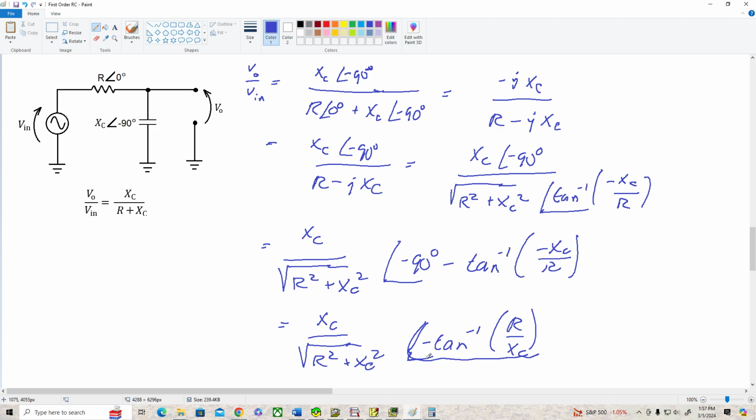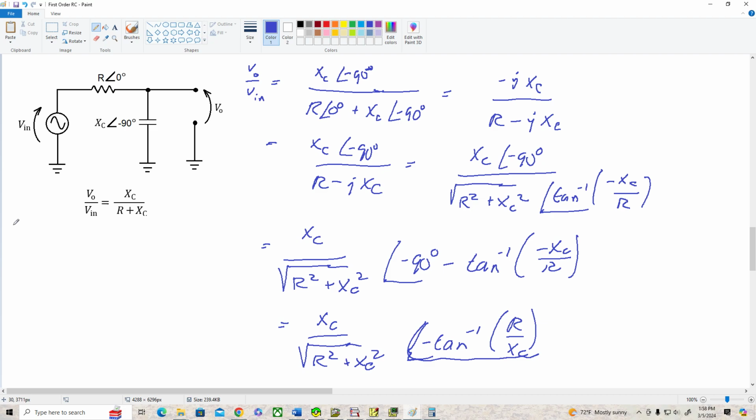Now I could back substitute the expression for X sub C into this thing and massage it algebraically to get a form that gives me the response in terms of the critical frequency and the input frequency. But rather than drag you guys through my messy writing and the algebra, I'm just going to present that form over here.